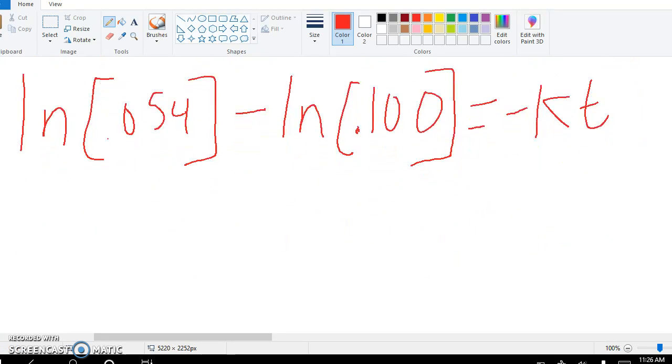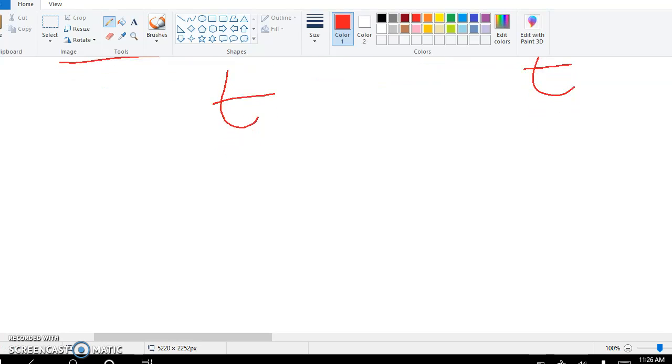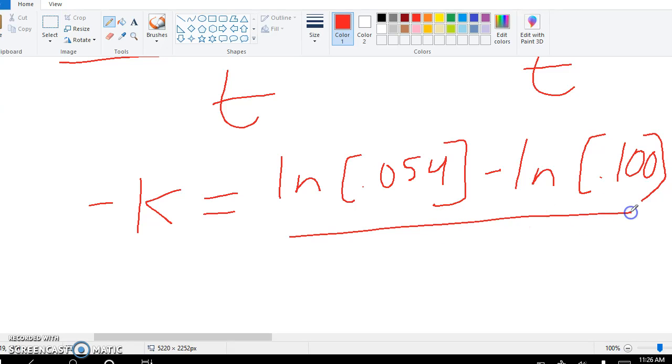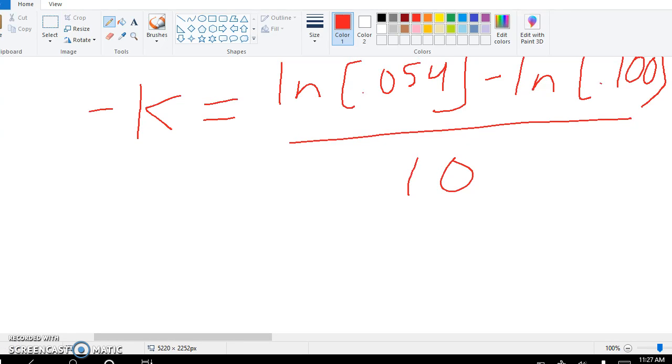If we want to get rid of time, we divide. So our answer should be negative K is equal to the natural log of 0.054 minus the natural log of 0.1, divided by 10 minutes. Alright, so plug that in your calculator and let's see what we get.